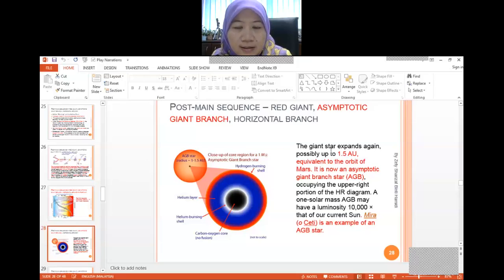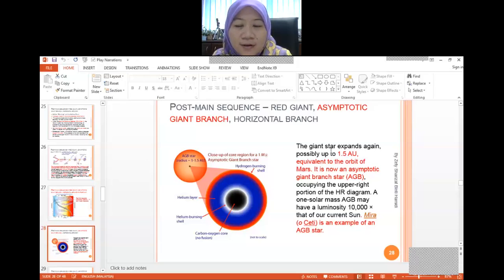Just imagine if the sun becomes an AGB star, of course the Earth is no longer here, because the sun is very huge and it will eat the Earth itself. The AGB has a luminosity of about 10,000 times compared to our current sun.